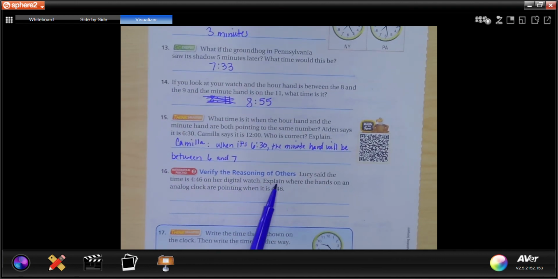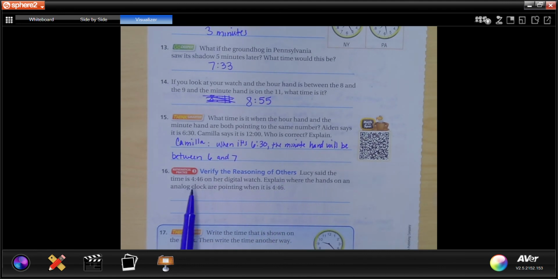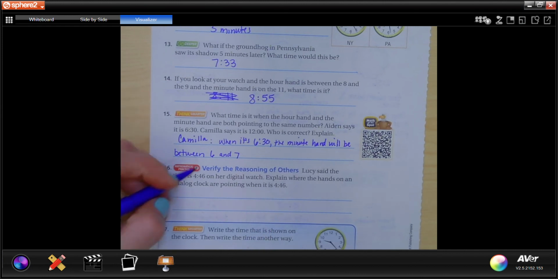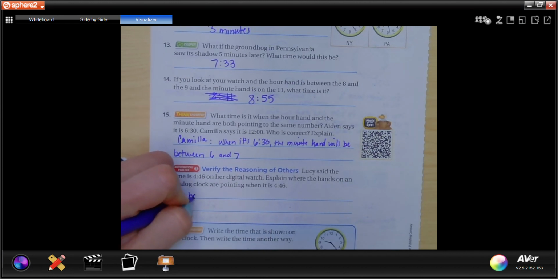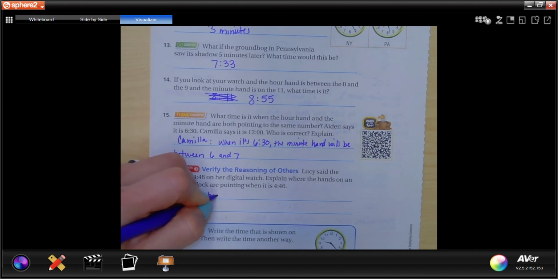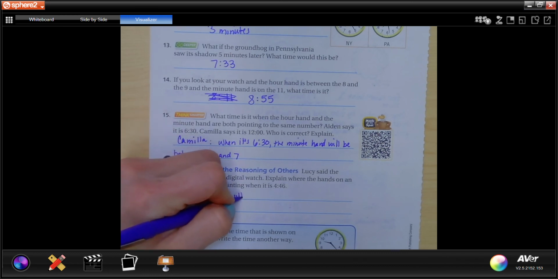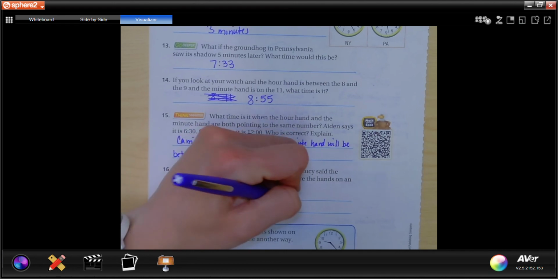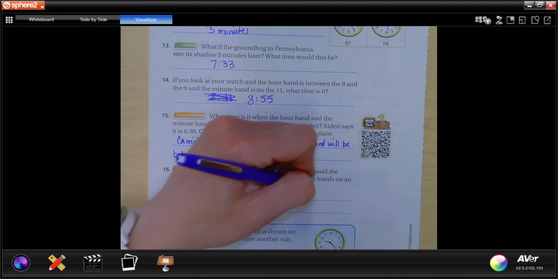Verify the reasoning of others. Lucy said the time is 4:46 on her digital watch. Explain where the hands on an analog clock are pointing when it is 4:46. Well, it's after 4, so the hour hand will be between the 4 and 5.